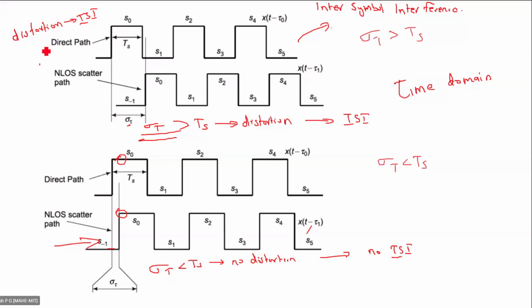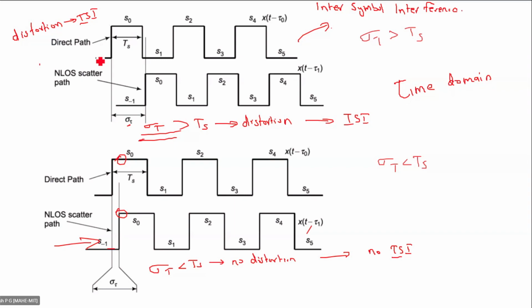Let us consider a transmitter is transmitting signals in series like S0, S1, S2, S3, S4, S5, etc. So there is a transmitter that is transmitting signals S0, S1, S2, S3, S4, S5, etc. So assume that there is something called a direct path between transmitter and receiver.